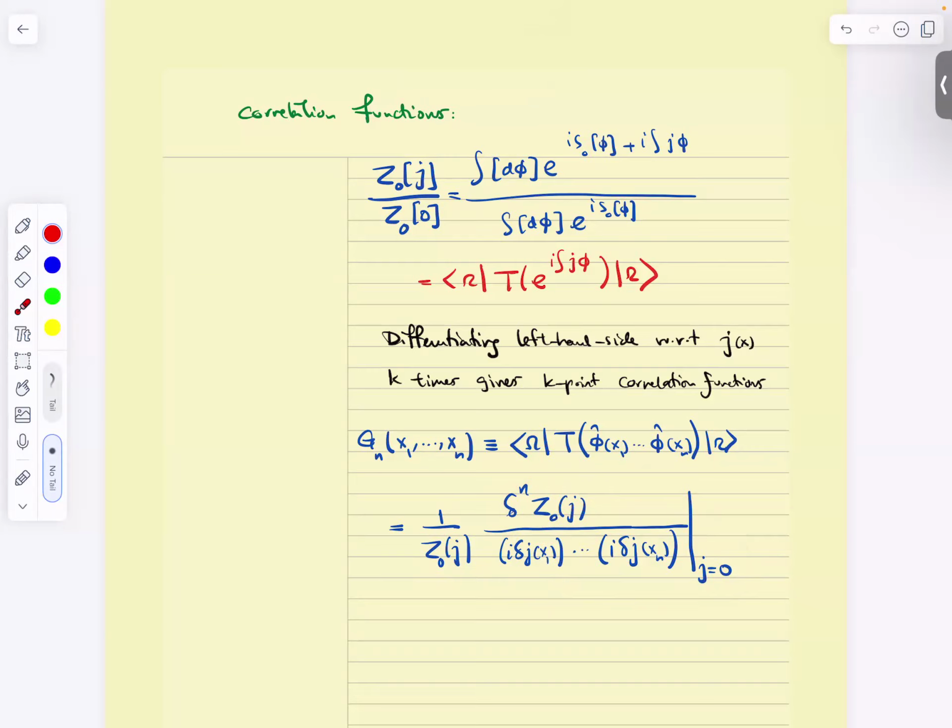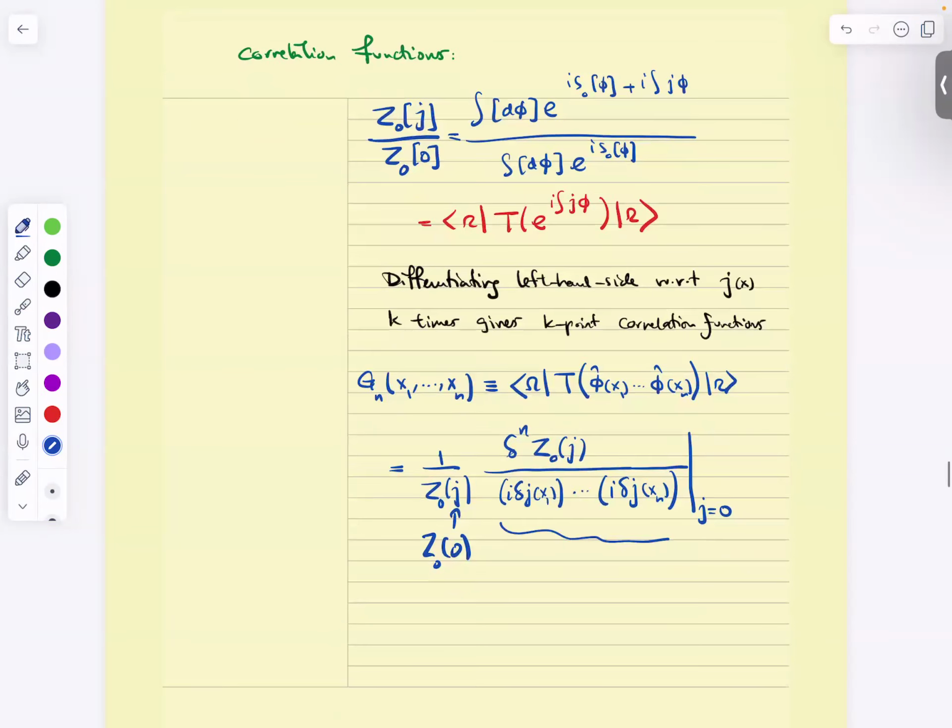Wait, did I say this right? No, I'm not happy with this. This should be 0. I believe this should be Z0 of 0.